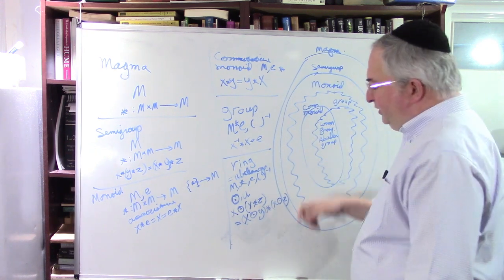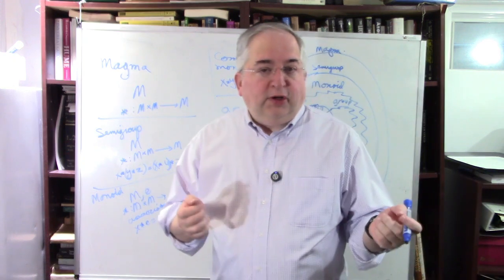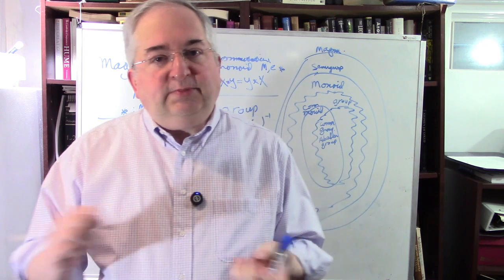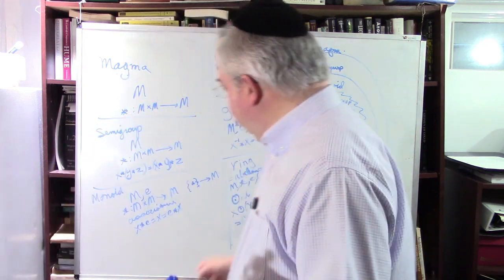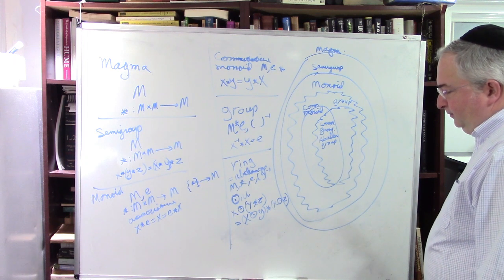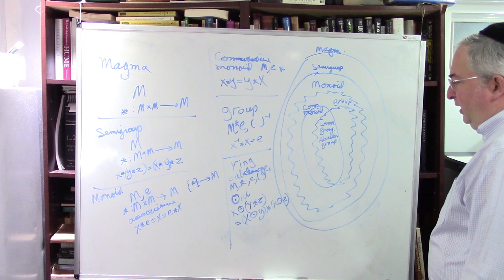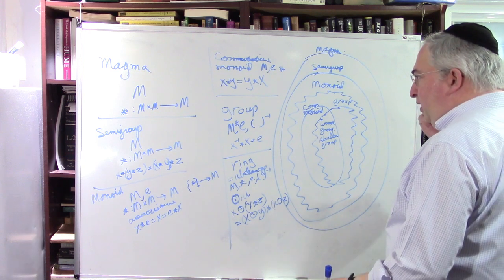So that's the distributive property. Whenever you have two operations, you want to know how much they respect each other. There's another one also, and you'll find it in the book.